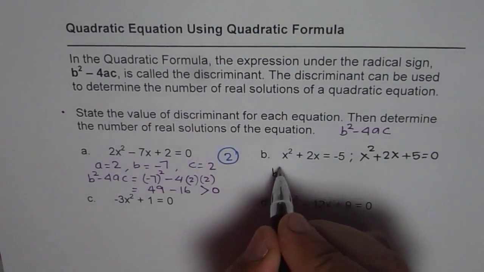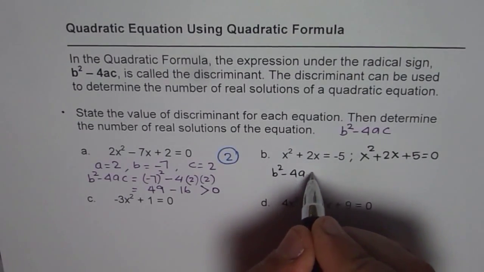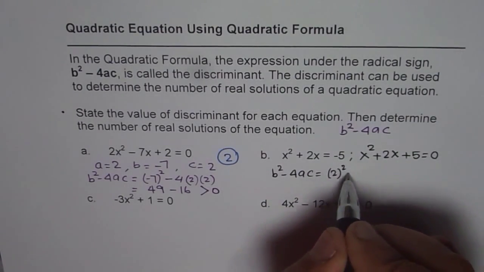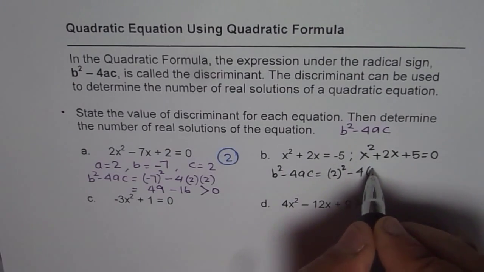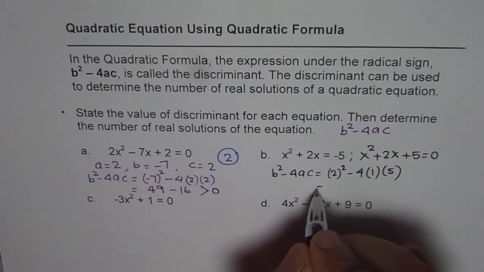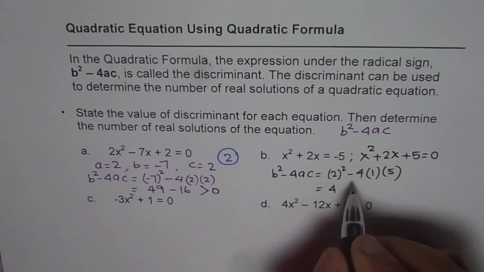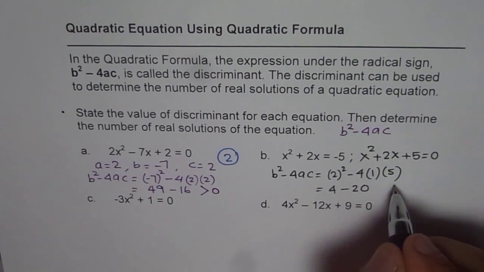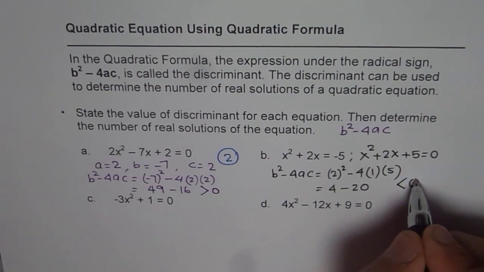So what is b squared minus 4ac? It is 2 squared minus 4 times 1 times 5. That is clearly negative. 2 squared is 4 and 4 times 5 is 20, so it's minus 20. I'm not even calculating the value, I'm just saying it is less than 0.